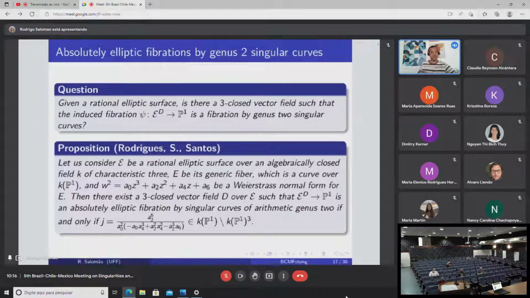and we show that there is such a vector field if and only if the J invariant of the generic fiber of the elliptic fibration is not a cubic power in the field of rational functions of the projective line. Okay.